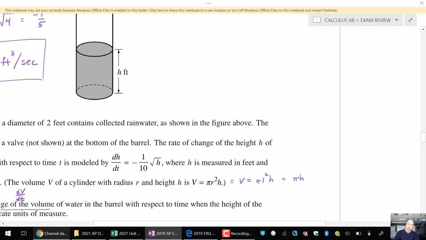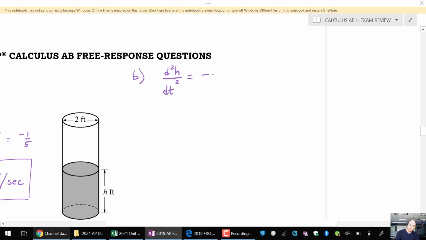So I'm going to have -1/20 h to the power of -1/2, don't forget the chain rule, times dH/dt. Always take the derivative, at least in this case, with respect to time. So there's my definition of the second derivative, and I'm curious about whether the rate of change is increasing or decreasing.